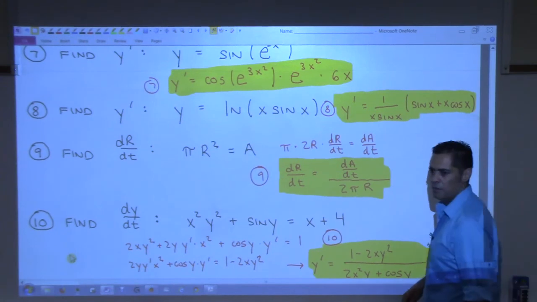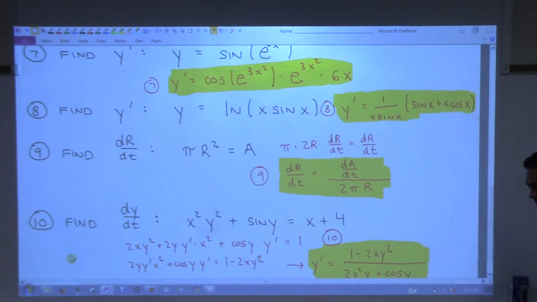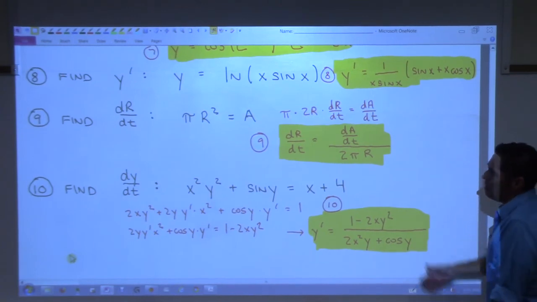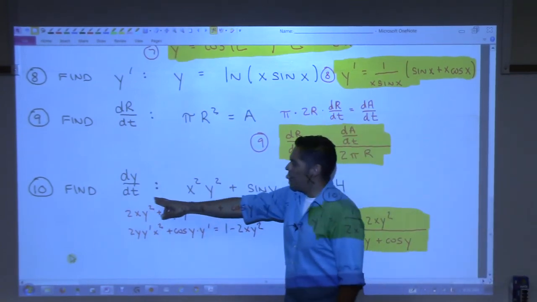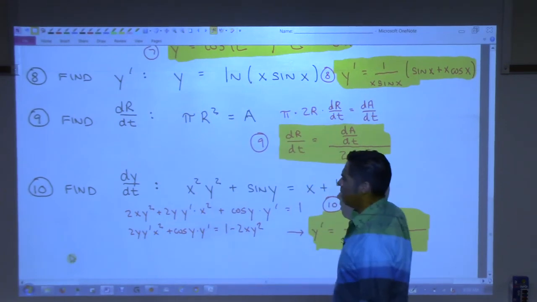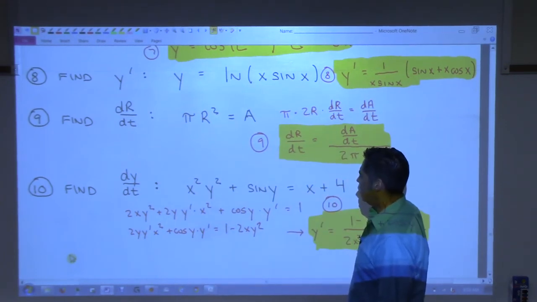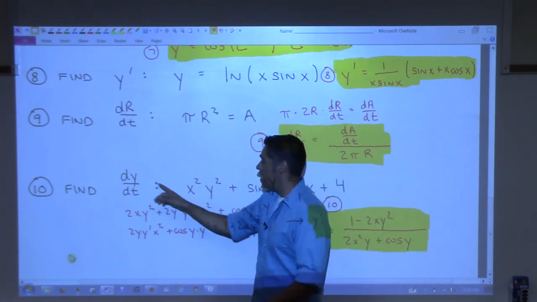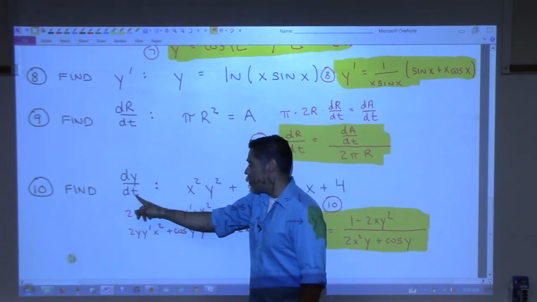Okay, good? And then number 10, this is an implicit differentiation problem. It's kind of like number 9, except you're differentiating with respect to, oh, shoot, I said t there, oops. Well, this answer is wrong then, because I meant to say dy/dx. But I would put dy/dt.